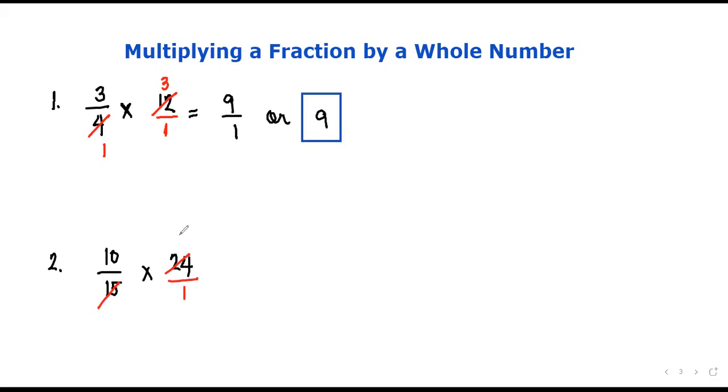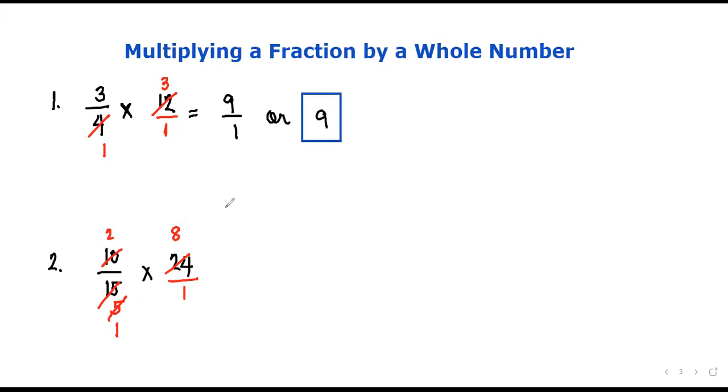So 24 divided by 3 is 8, and 15 divided by 3 is 5. Take note, you can always keep on dividing if there are still common factors. In this case, you can still cancel out 10 and 5. Their GCF is 5, so 10 divided by 5 is 2, and 5 divided by itself is 1.